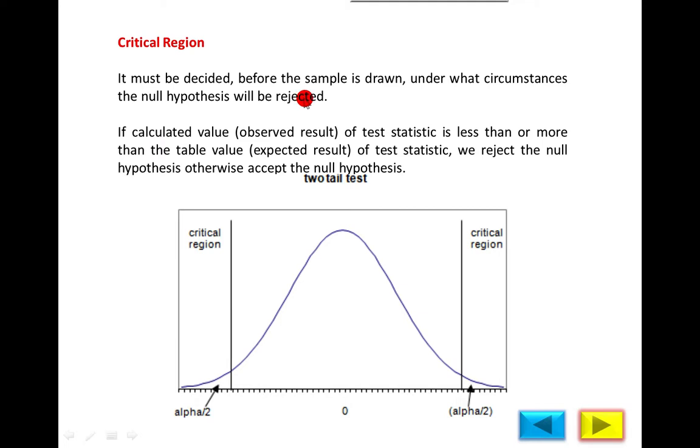First, we write the null hypothesis according to the requirement and objective of the study, and we choose the level of significance.